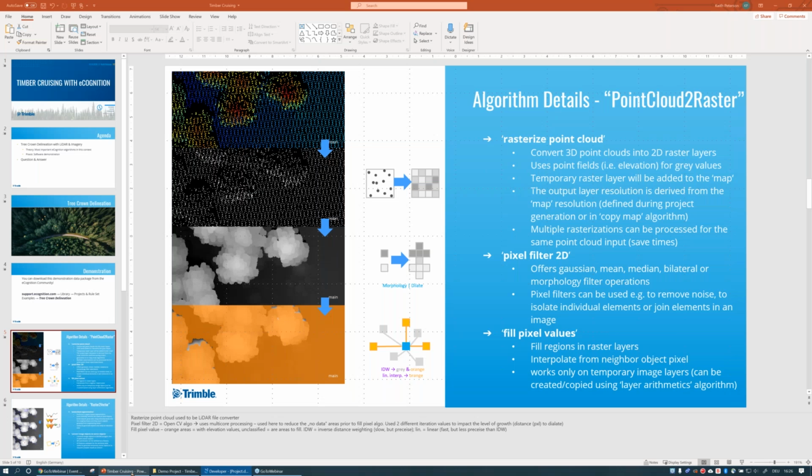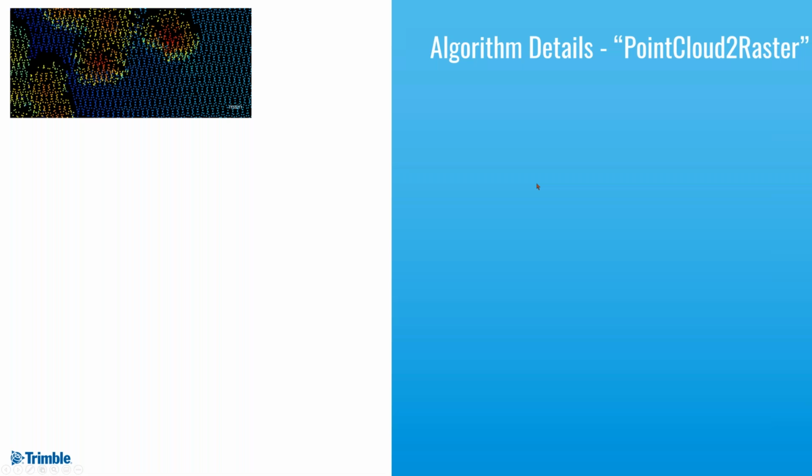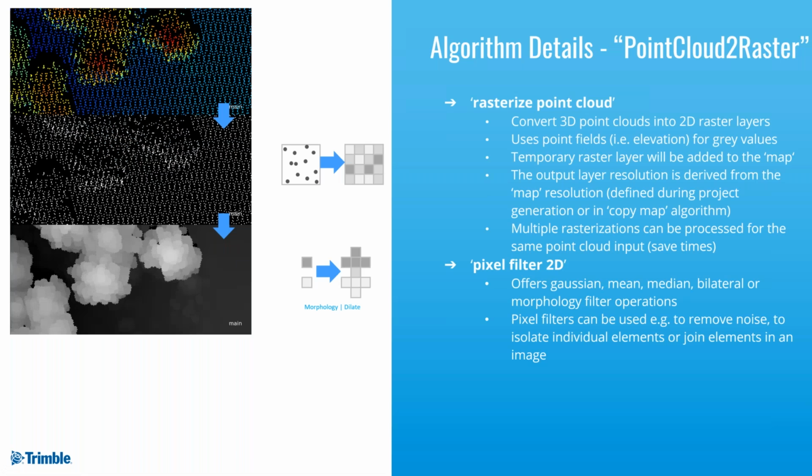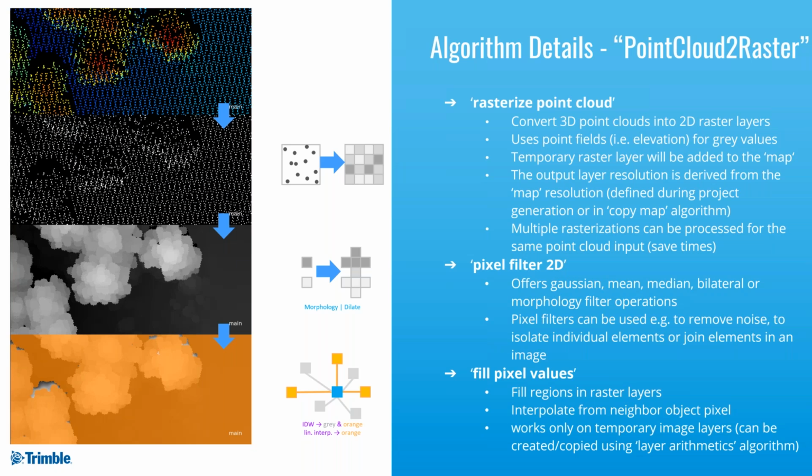All right, jump back in here. We'll get to the last step in our gap filling, or in this point cloud to raster section, which is now this fill pixel values. So what this does, well, we will fill regions in our raster layers with values from another pixel.